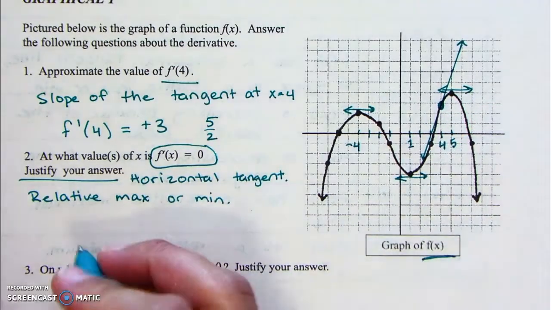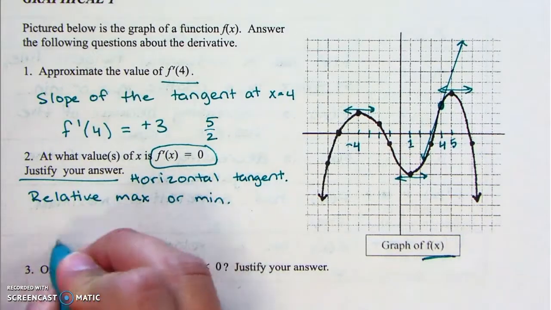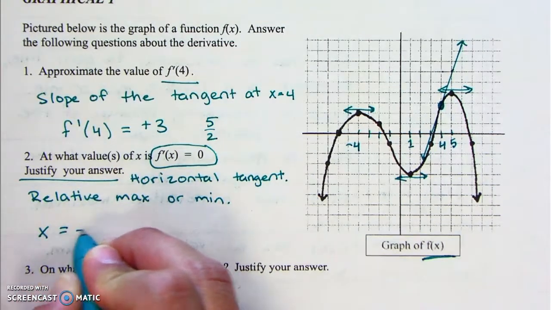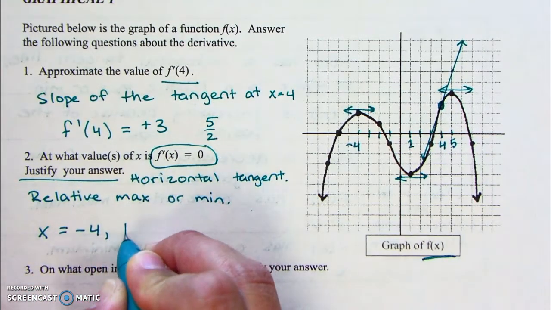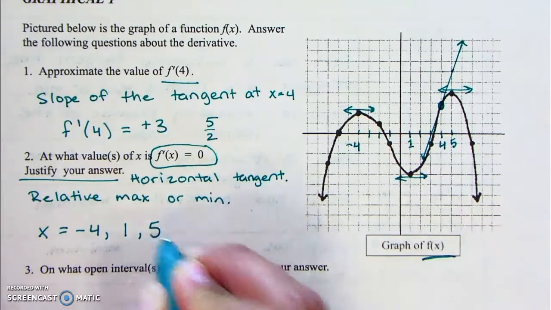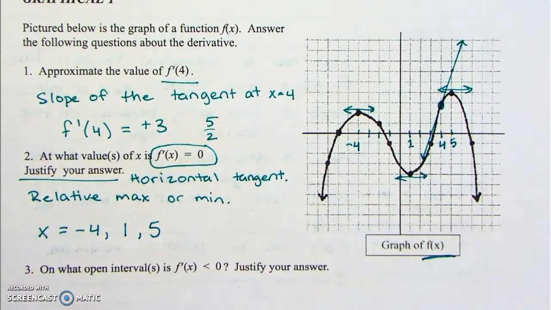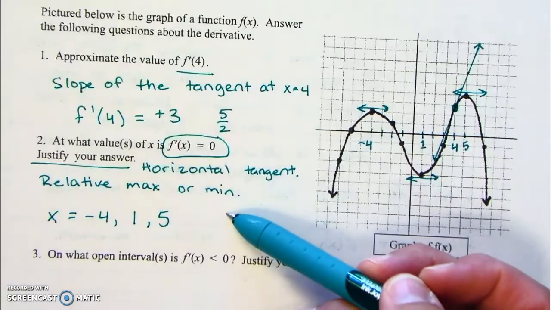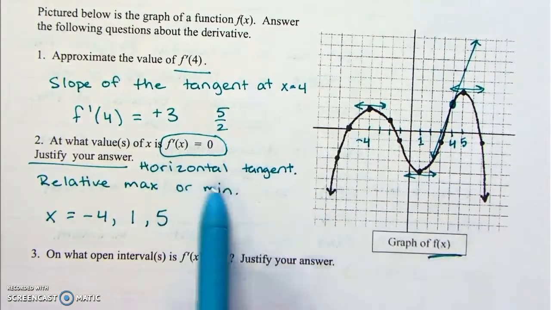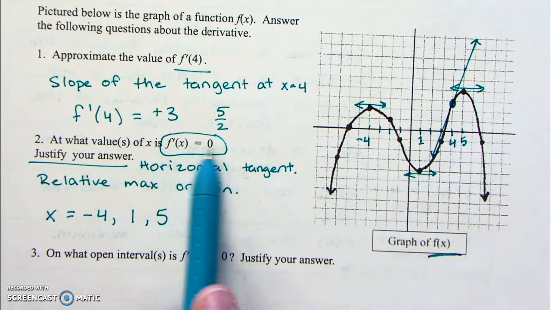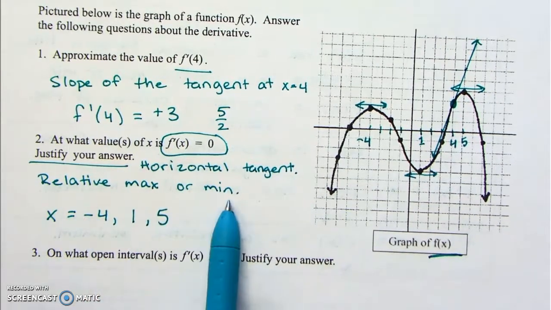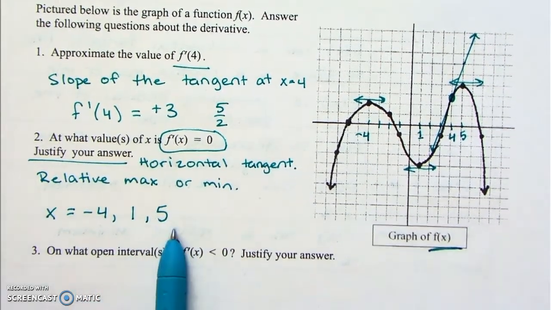All right. Cool. So it's going to be x equals -4, x equals 1, and x equals 5. And justify your answer we already did. Okay. F prime of x will equal 0 at a horizontal tangent line, which is a relative max or min, and those are the 3 x values.